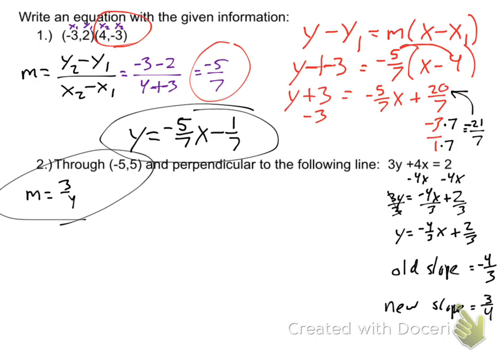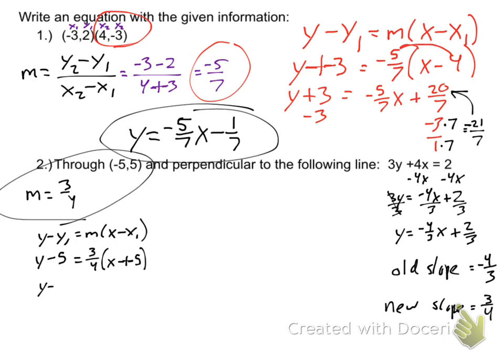Do it again. y minus y1 equals m times x minus x1. y minus 5 equals what? 3/4 of x minus negative 5, which eventually will become plus 5.